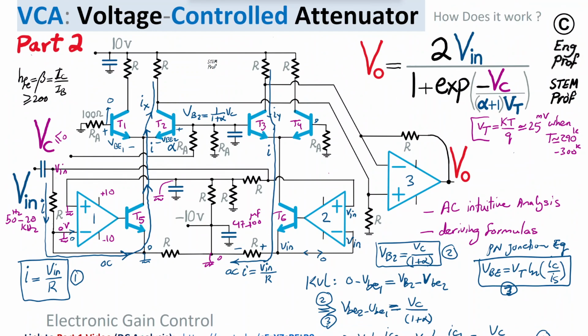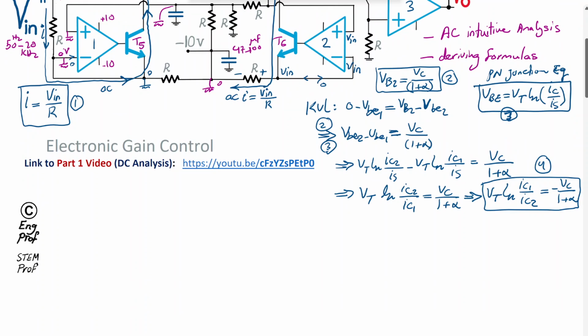So IC1 plus IC2 is equal to the overall current I. IC2 is what I refer to as Ix. So with that, I can say VT natural log of (I minus Ix) divided by Ix is equal to minus Vc over 1 plus alpha.